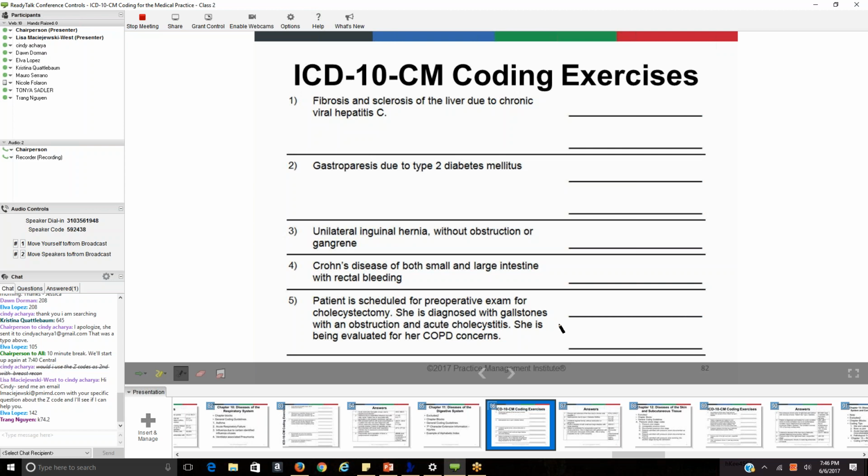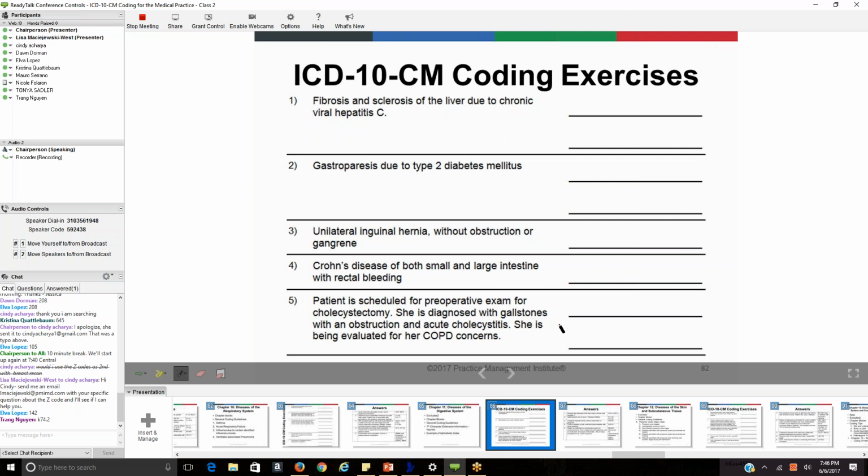Let's take a look at that. K74.2. We have fibrosis and cirrhosis of liver. Code also, if applicable, viral hepatitis, acute or chronic, B15 through B19.